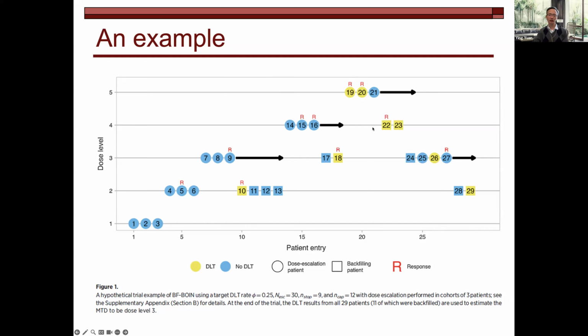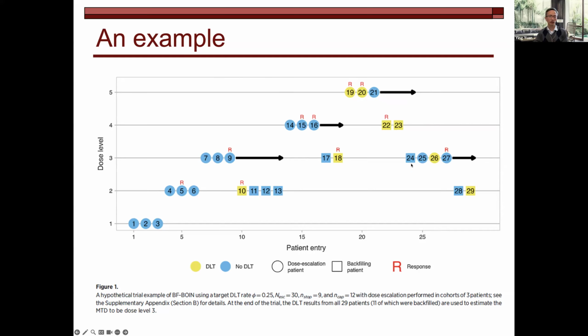Let's say, for example, when we backfill patient 23, 2 cases may happen. One is that very quickly, within the first week, patients 22 and 23 both have DLT. In this case, we notice it's too toxic, so after 1 week, when patient 24 is enrolled, we can immediately treat patient 24 accordingly. In other cases, let's say we put patient 23 at dose level 4, and we don't see any DLT, but we have only followed for 1 week.